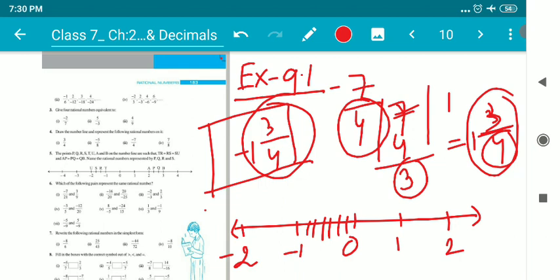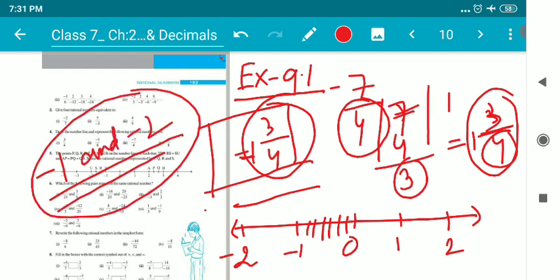It can be 1 rupee 10 paise, 1 rupee 20 paise, 1 rupee 30 paise, 1 rupee 50 paise. All these numbers are more than 1 but lesser than 2. So children, this is how we have to express. As this number holds a minus sign, it should come between minus 1 and minus 2.